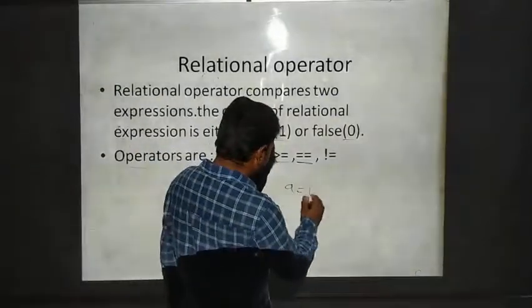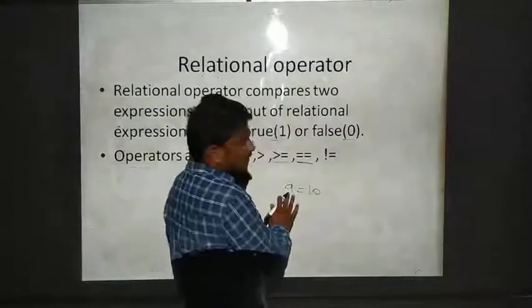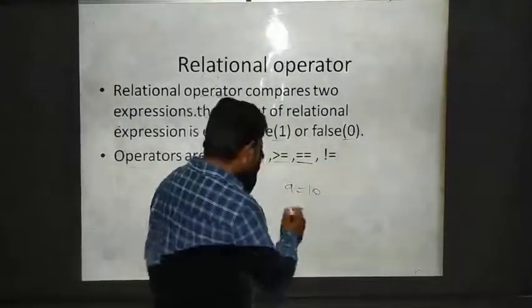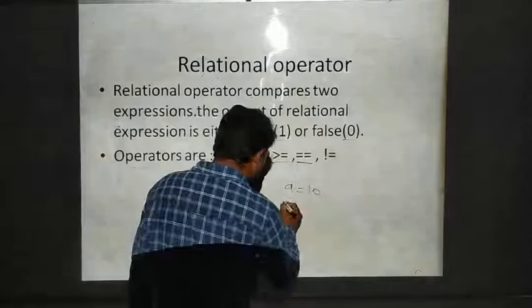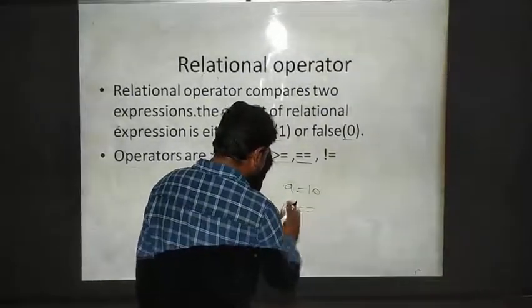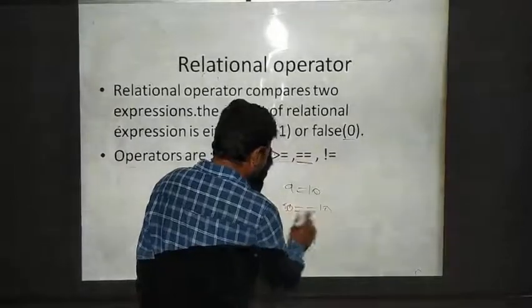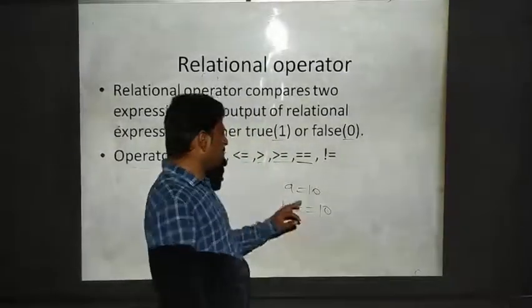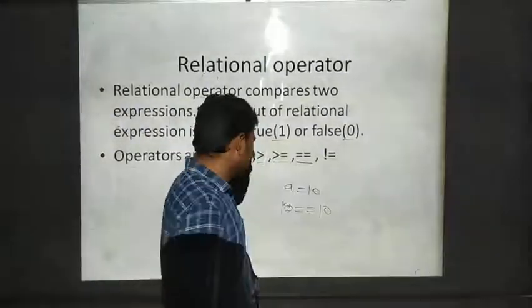If a is equal to 10, we are giving a value to a, we are not equating. To equate two values, a is equal to b, 10 equal to 10, we have to give double equal to. And this is not equal to.